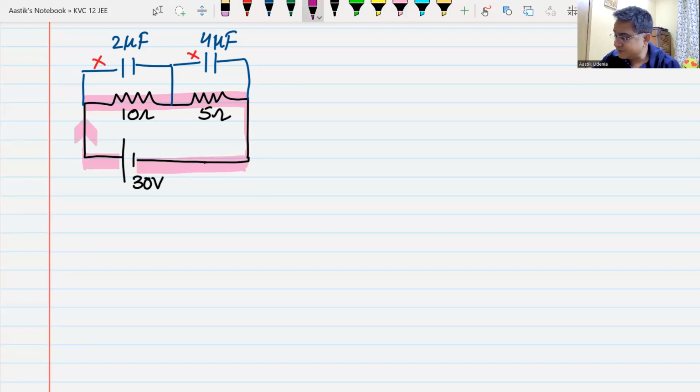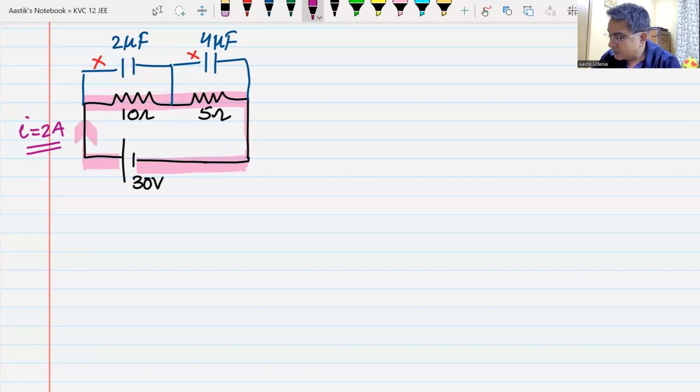What will be the value of current? 2 amperes. Yes or no? Everyone got this? 2 amperes will be the current.